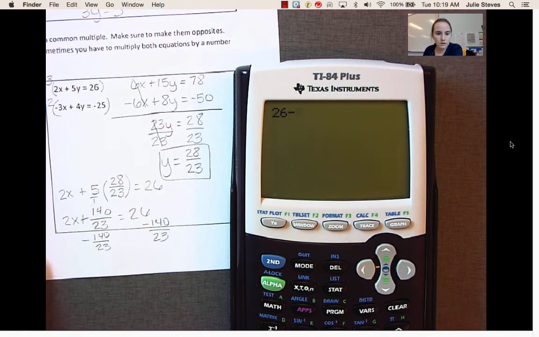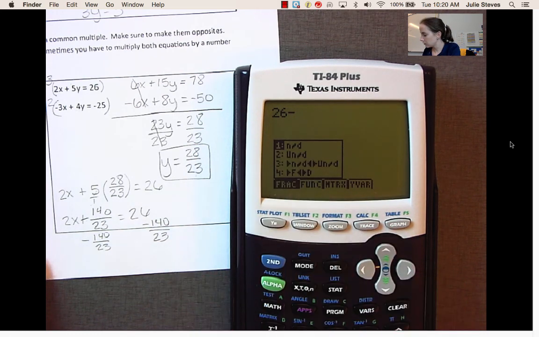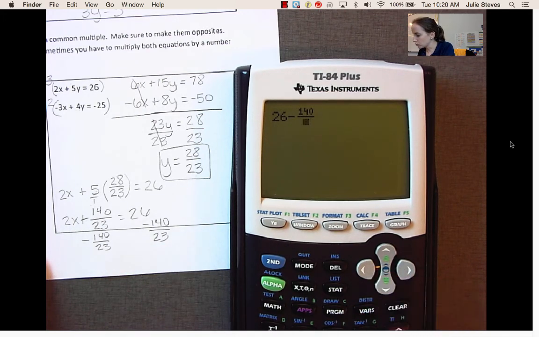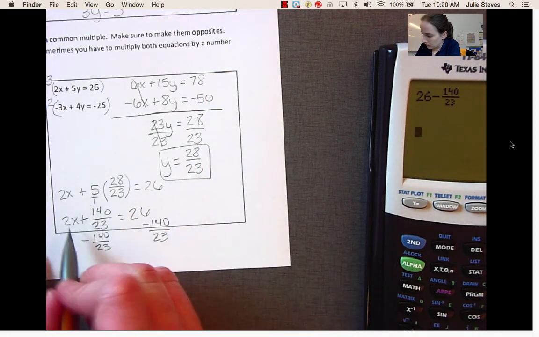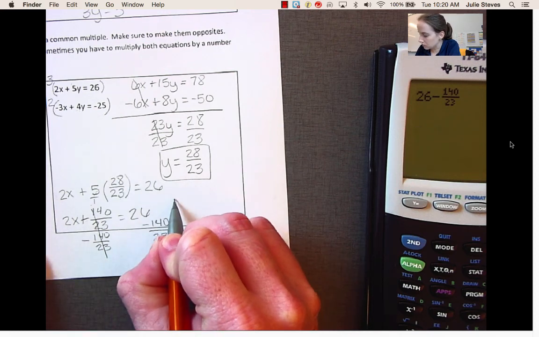So you do alpha y equals. This will give you the numerator and denominator. And I want it to subtract 140 over 23. And I'm going to press enter. That's my fraction there. So this canceled out. I got 2x equals that fraction.